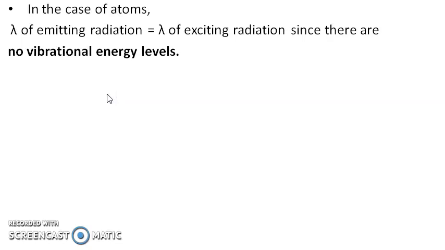In the earlier case, we have seen the wavelength of the emitting radiation will be greater than the wavelength of the exciting radiation, or the reciprocal if we are talking in terms of energy, because some amount of energy is lost during internal conversion and vibrational relaxation. But in the case of atoms, we don't have that.